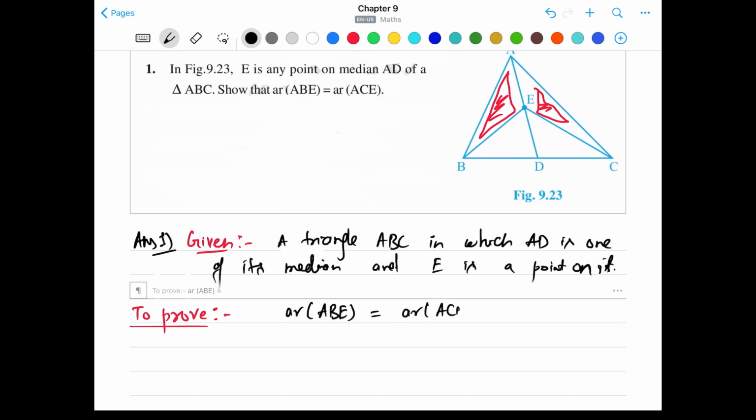Okay, E is the midpoint of the median AD, and we have to show that the area of BED is equal to 1/4 the area of ABC. Okay, to prove here is that the area of BED is equal to 1/4 the area of ABC. Okay, so let's start the proof now.